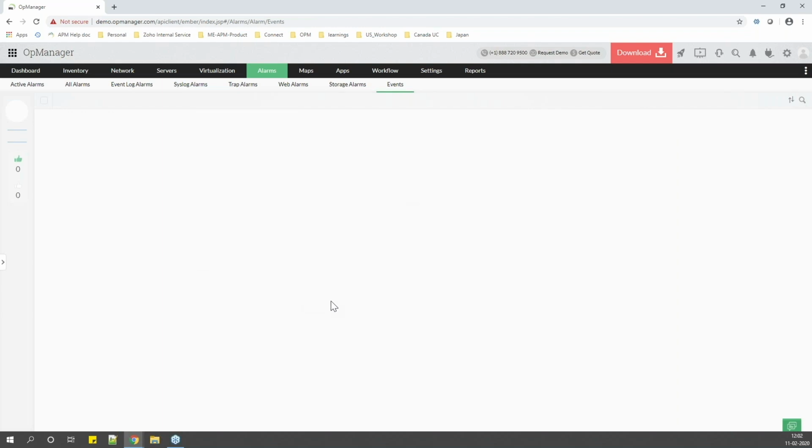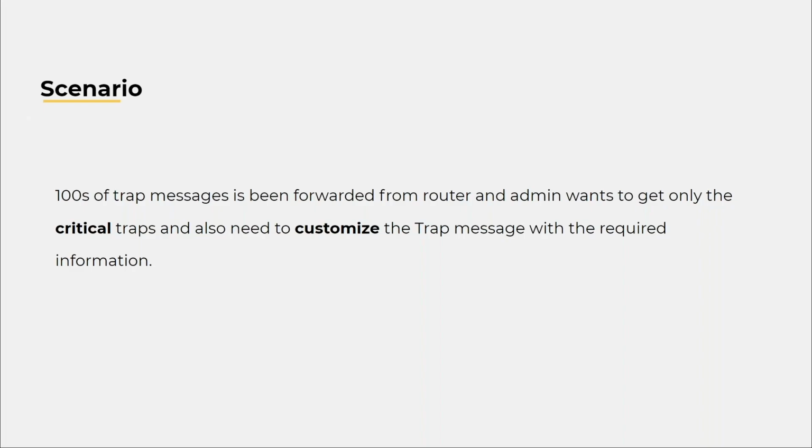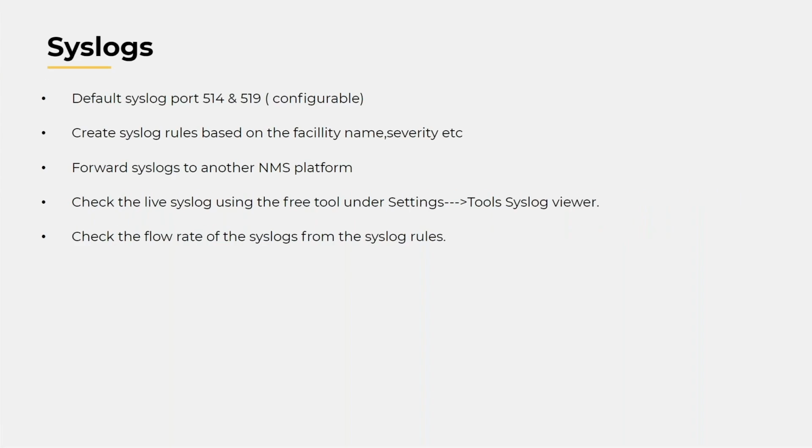Not only this, let me go back to the presentation. Another important feature that we have is Syslog. In the OpManager solution, we have an option where you can send Syslog to the OpManager tool, like the SNMP trap processor.